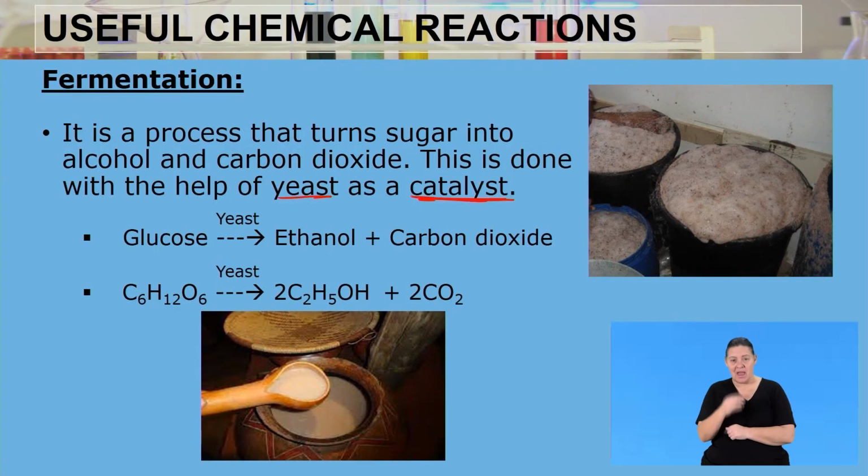Glucose produces ethanol, that is our alcohol, and carbon dioxide: C6H12O6 produces 2C2H5OH plus 2CO2. Remember that this is the carbon dioxide that we excrete when we are breathing out.